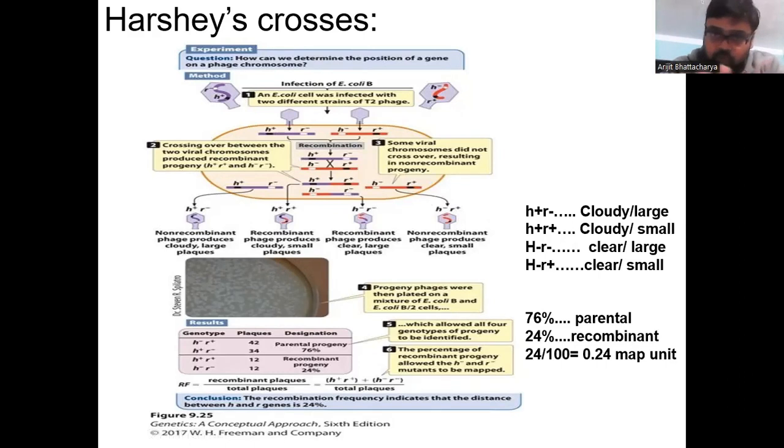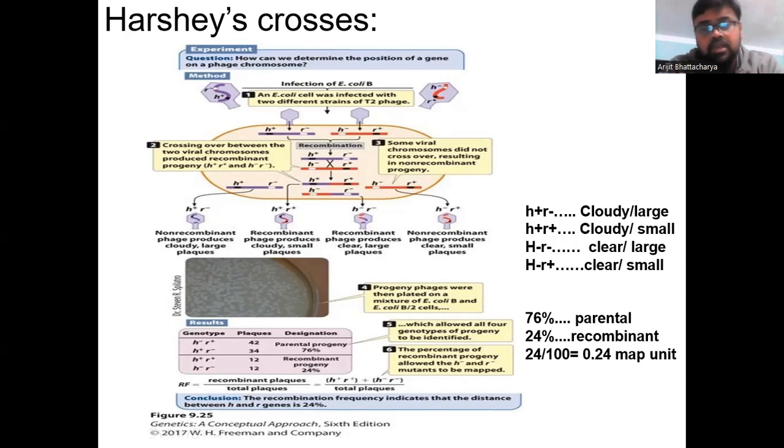So these four types of phages can be produced by this co-infection, and they calculated the number of phages from the plate that they experimentally obtained. According to the plaque numbers, H minus R plus, H plus R minus, H plus R plus, and H minus R minus, the numbers were 42, 34, 12, and 12 respectively. This means that 76% of the plaques were parental progeny, but 24% were recombinant progeny.